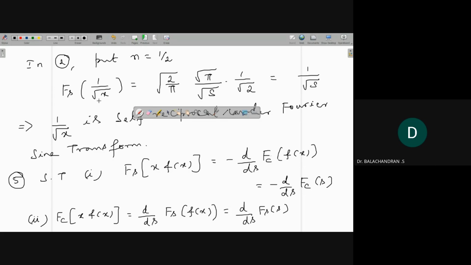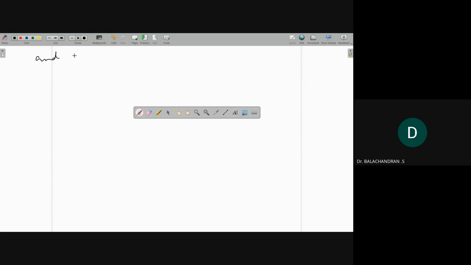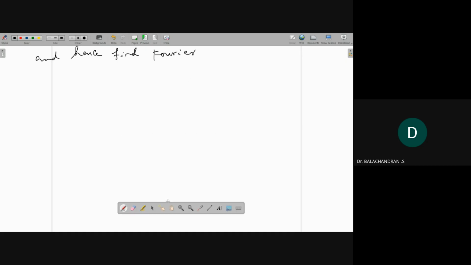And hence there is one more result: find the Fourier sine and cosine transform of x into e power minus ax. Okay, so we will do one by one.